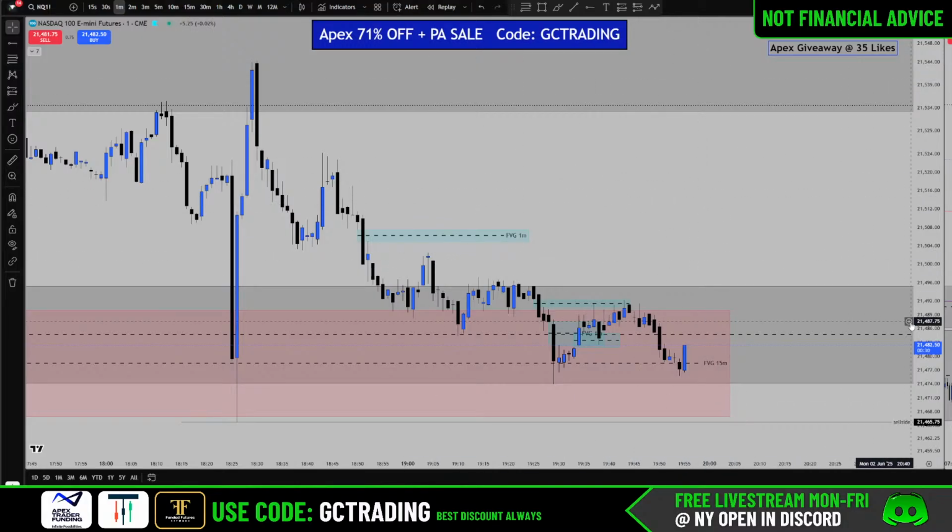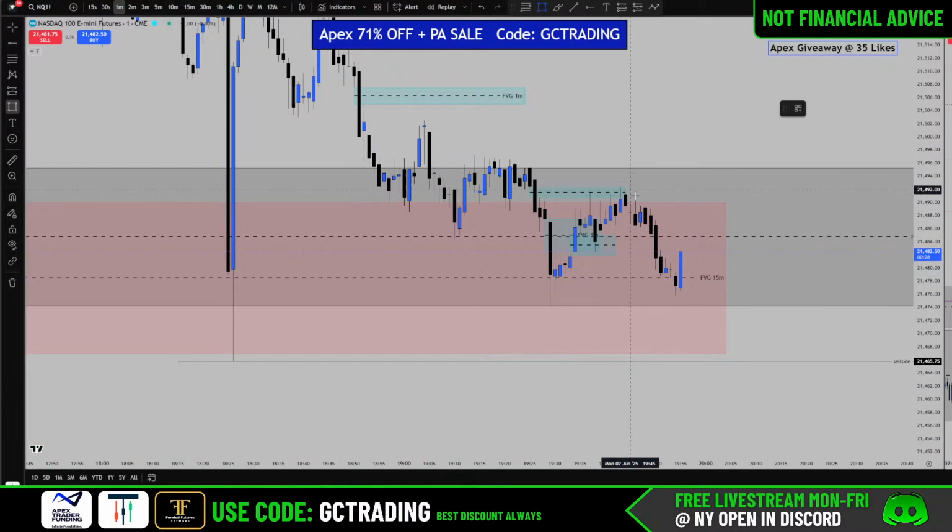We do have another fair value gap right here on the 1 minute for NQ. Is ATR picking it up? That candle's a little bit better.